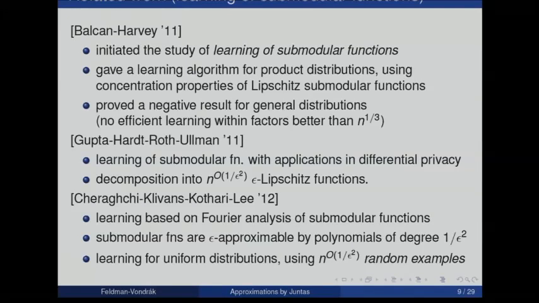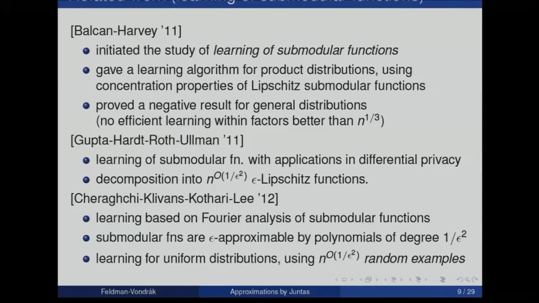Now, there's this interesting paper, which I think was the first paper that made a connection between Fourier analysis and submodular functions, which was sort of waiting to be discovered out there, not very complicated, but they made the first connection, and they proved that essentially the Fourier spectrum is quite heavily concentrated on the low levels.